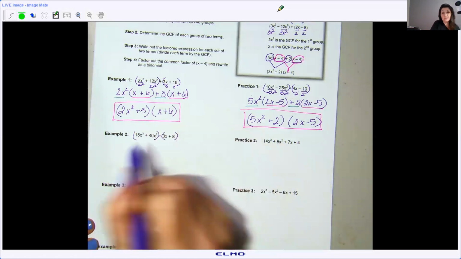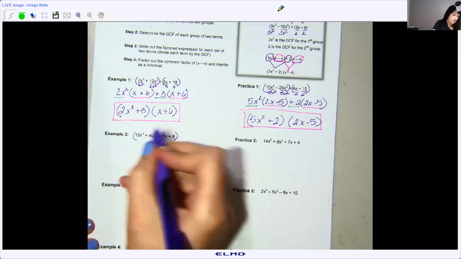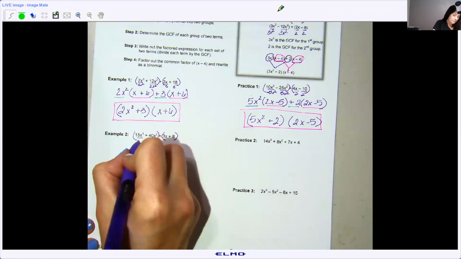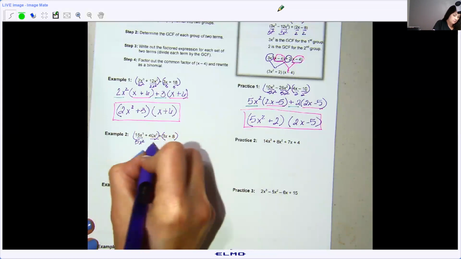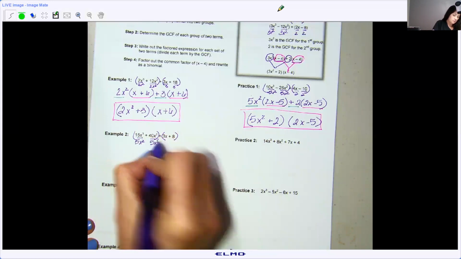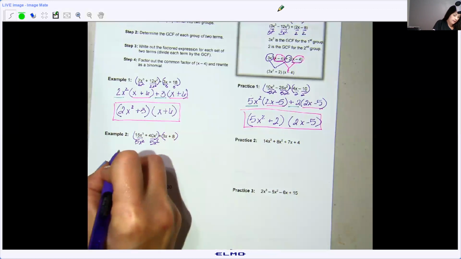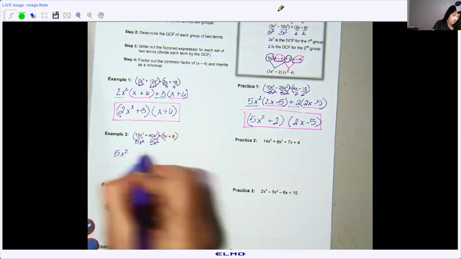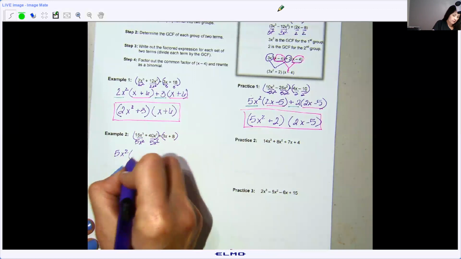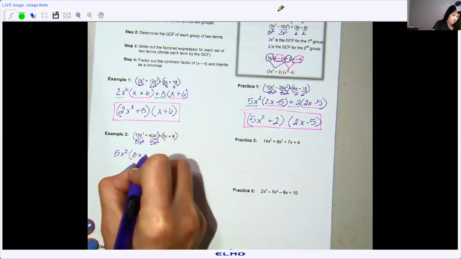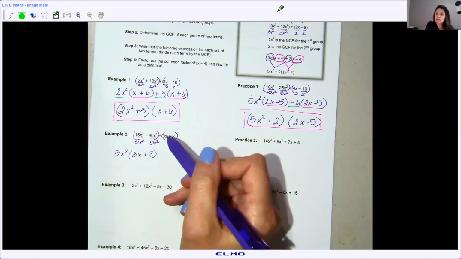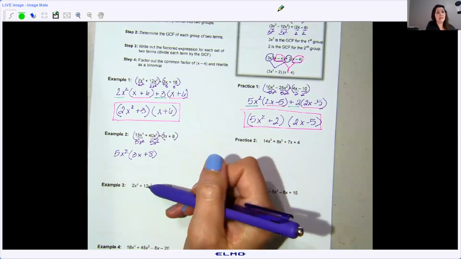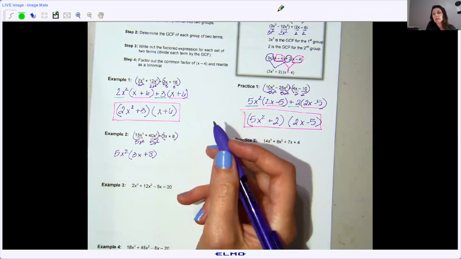Oh, I'm sorry, these are a little bit different. Okay, sorry about that. I'm going to divide both of these by 5x squared. So I end up with 5x squared, 3x plus 8. And then if you look at the second term, it already is a 3x plus 8, and you really can't factor that.